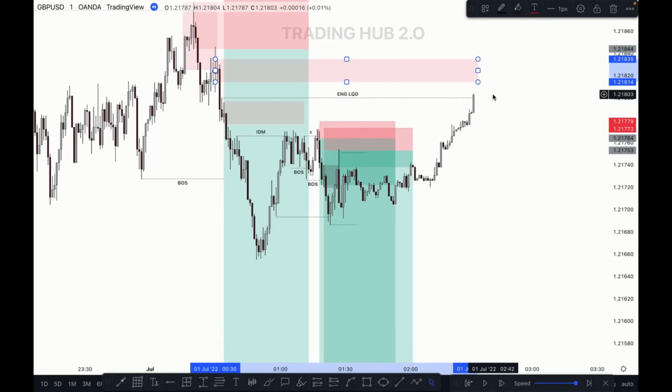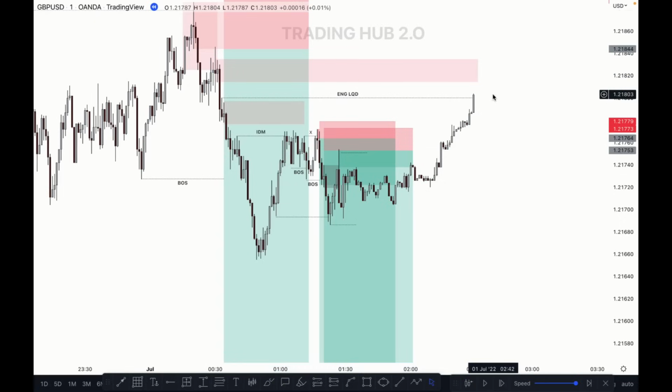As I told you in a previous entry type 2, market may take out this high and close above it, and then you can apply the same rule, entry type 2. Okay, if market sweeps this high, then you have to apply entry type 3. Okay, if market mitigates this order block, then you have to apply entry type 1. Okay, let's see what will happen after this.